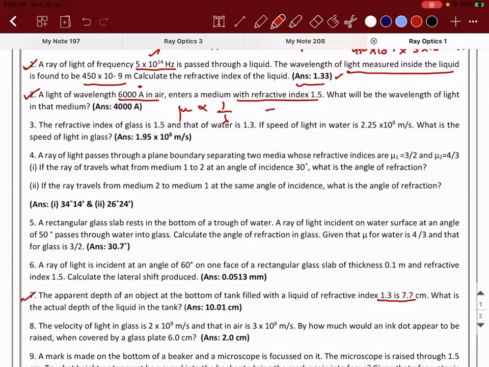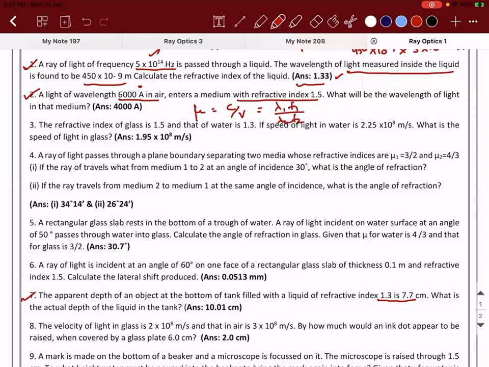Sir, I have a doubt, sir. I made a mistake. So mu is equal to, same logic, C by V. So that is lambda 1 into F1 divided by lambda 2 into F2.